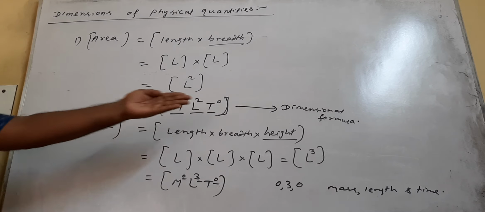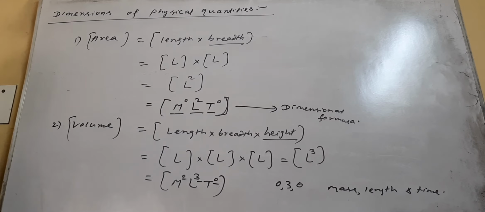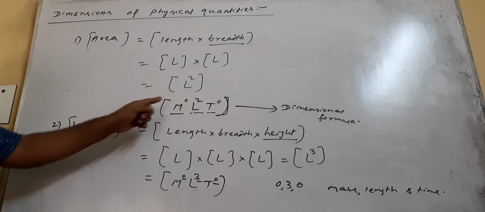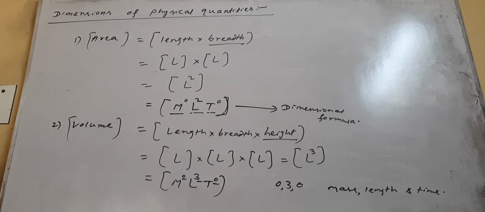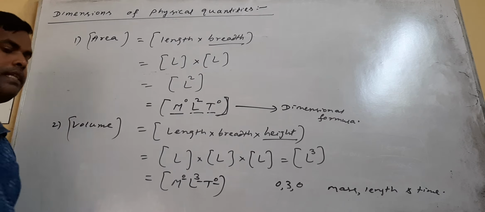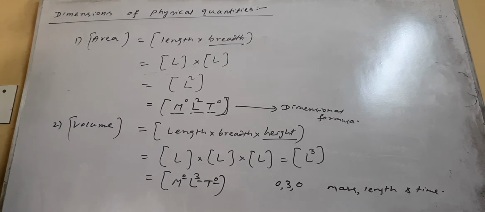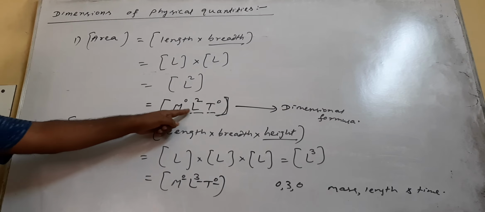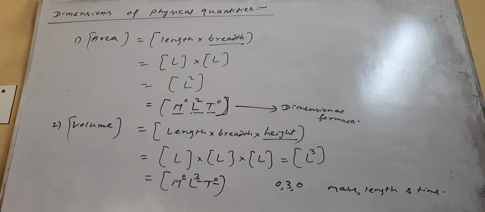It is the expression which represents which fundamental quantities, and how the fundamental quantities, are used to represent the dimensions of the physical quantity. That means, in very simple terms, the whole square bracket is called the dimensional formula, and the powers are called the dimensions of the physical quantity in these base quantities.